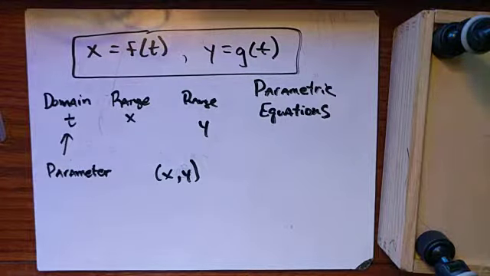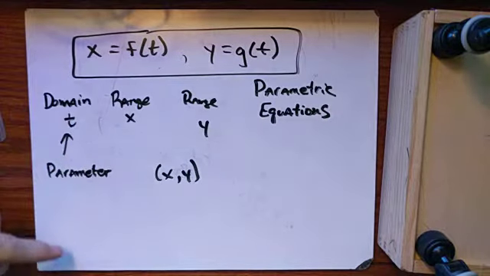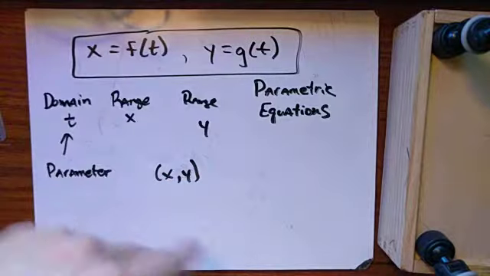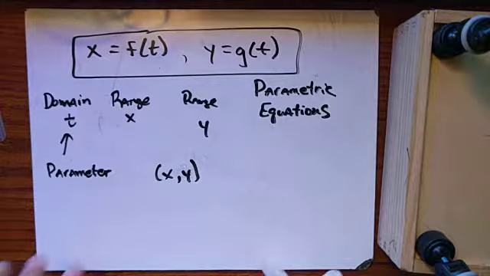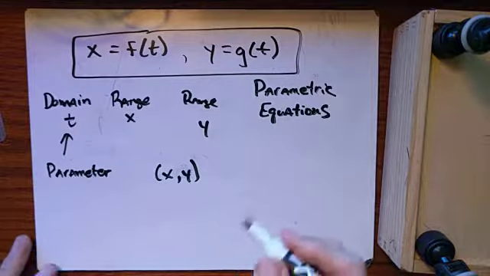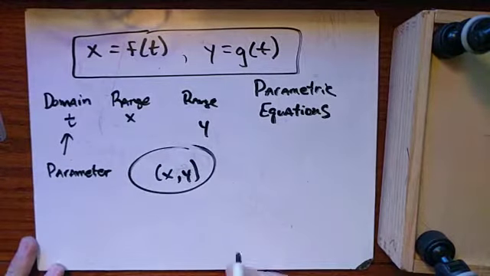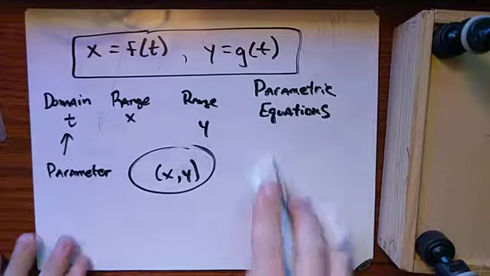So let's take a look at an example where we might be able to put in some t values and then get some x and y values out. And then once we do that, we'll be able to graph what we have. Keep in mind now, the only thing that appears on the graph out of these equations are still the x's and y's. Okay? All right, so here's an example.